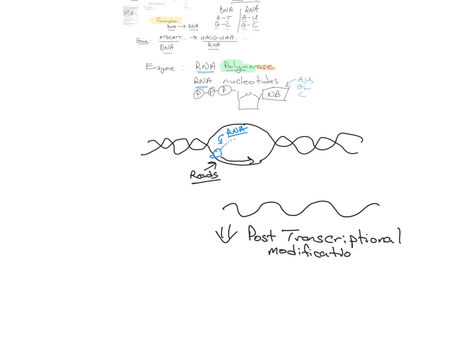So let's break down this term. What does post mean? After, right? So post means after. Transcriptional, what do you think that means? After it's been transcribed. So after you have the RNA, you're starting with RNA. And what do you think modifications mean? Changes. So after transcription, we're going to make some changes.